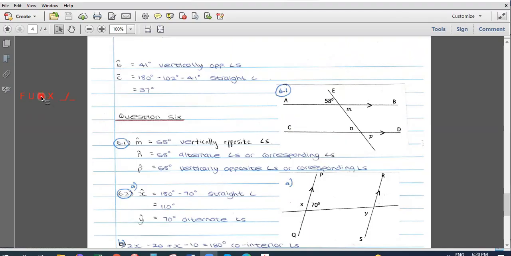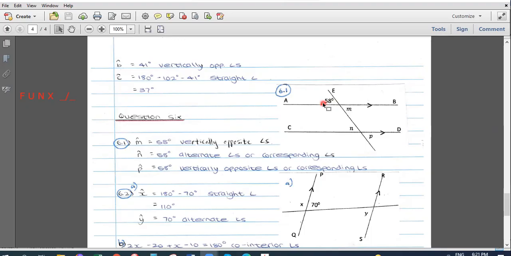N or Z is your alternate, X is vertically opposite, and then you can have a straight line, which is 180. So the only two times you'll be calculating is when we have a U shape, because we're going to subtract from 180, and when we have a straight line. At all other occasions, the angles will be equal. We can write them down as being equal.